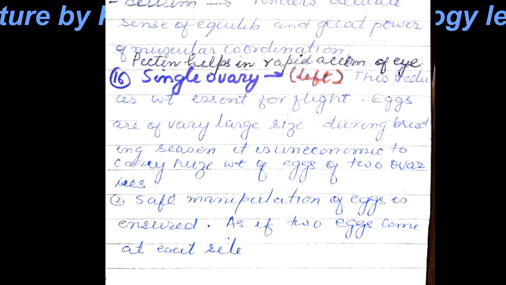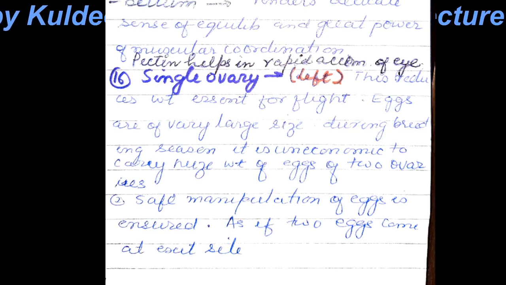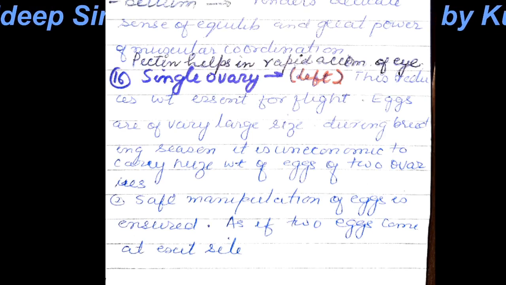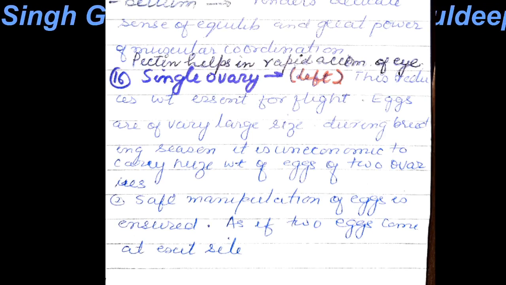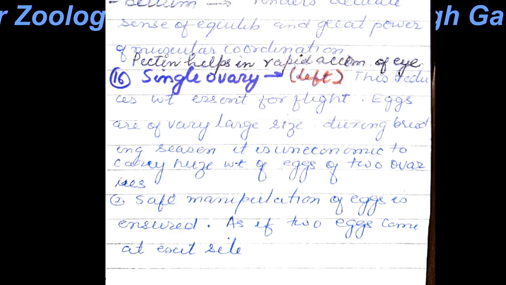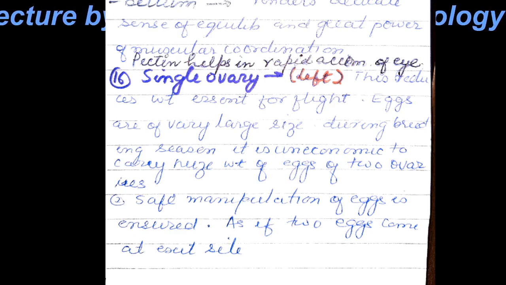The reproductive system also has some physiological adaptations for facilitation of flight, and they have a single ovary, and that ovary is placed on the left side only. This reduces weight, essential for flight.